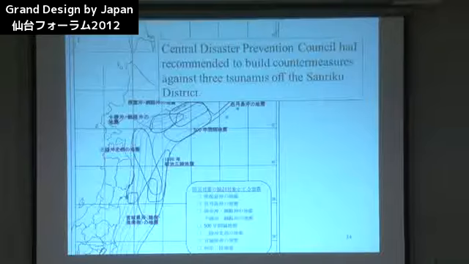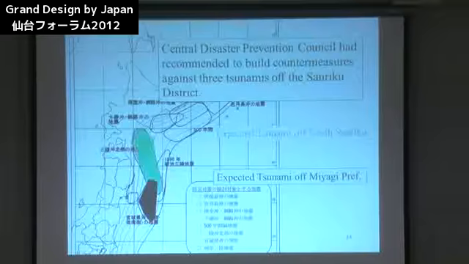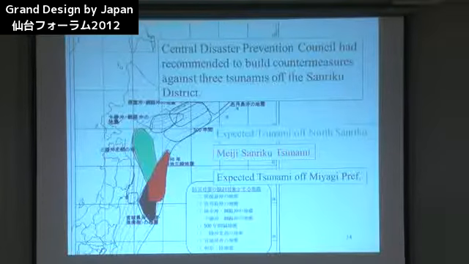So this is 2006. In 2006, the Central Disaster Prevention Council recommended to prepare for these tsunamis along the Tohoku region.